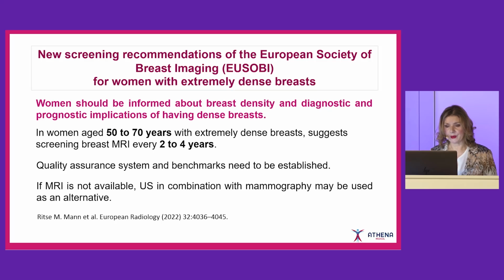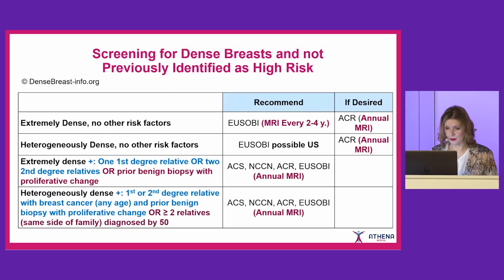Also, this guideline was associated with some important information that women should be informed about breast density and the diagnostic and prognostic implications of having dense breasts. This was the first time USOBI spoke out loud about breast density in European women. So I do believe that there were steps forward made after these guidelines were endorsed.